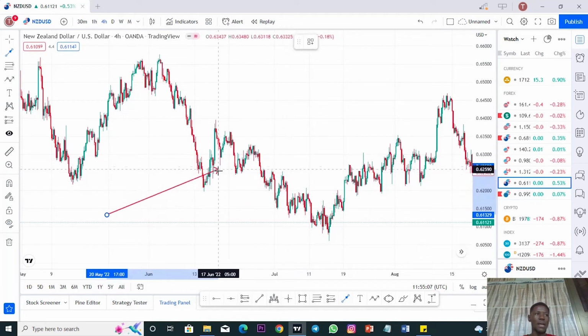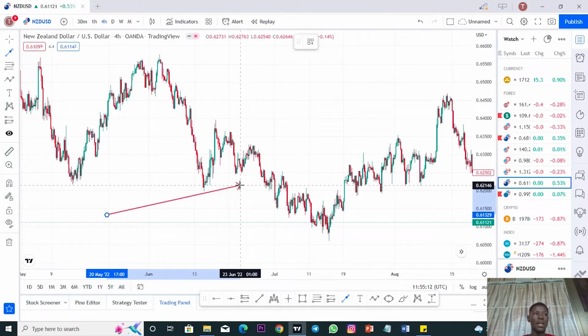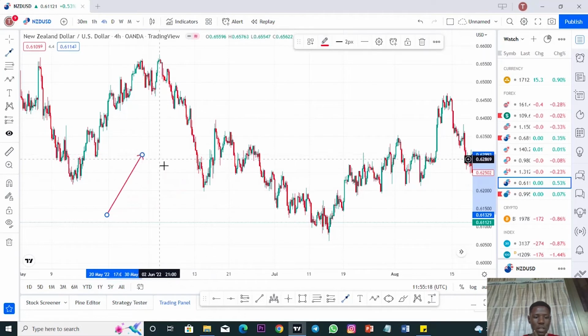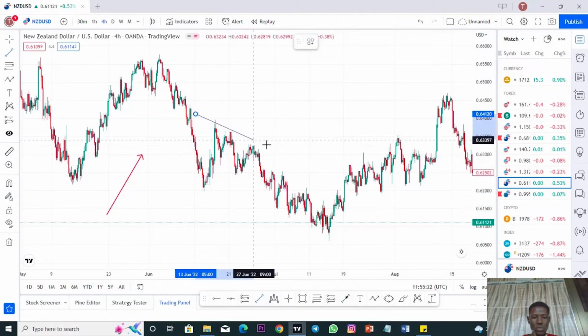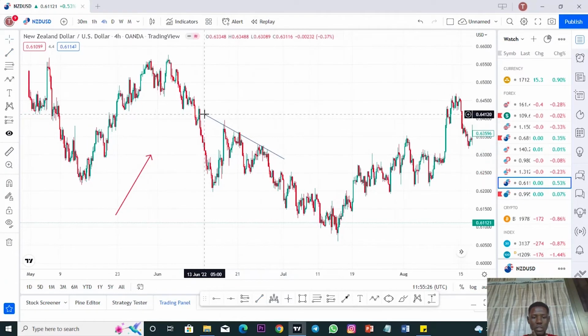This spike will create the higher high and higher lows in the market. You can see when we use our trend line tool, this is how price created the symmetrical triangle.